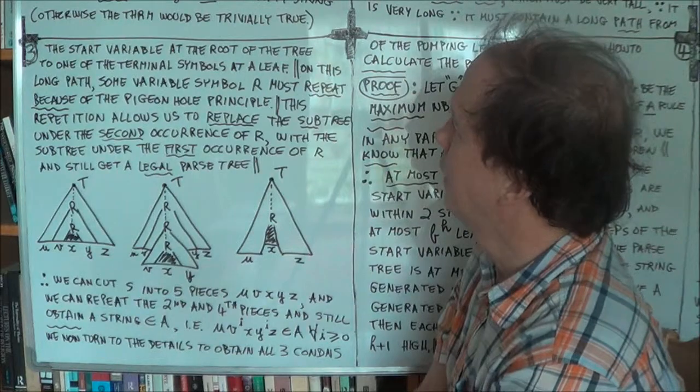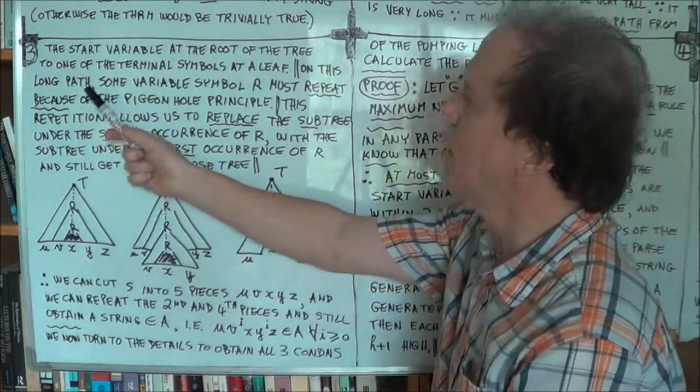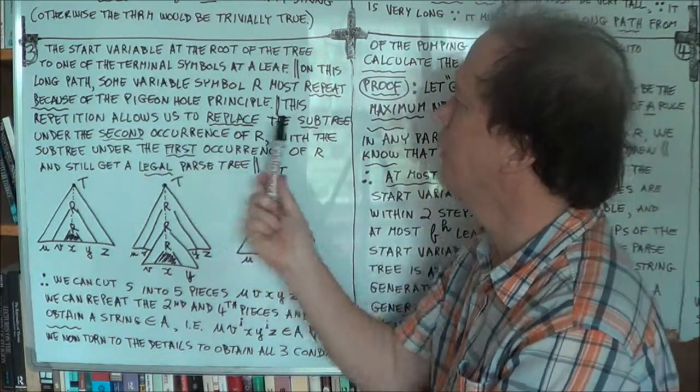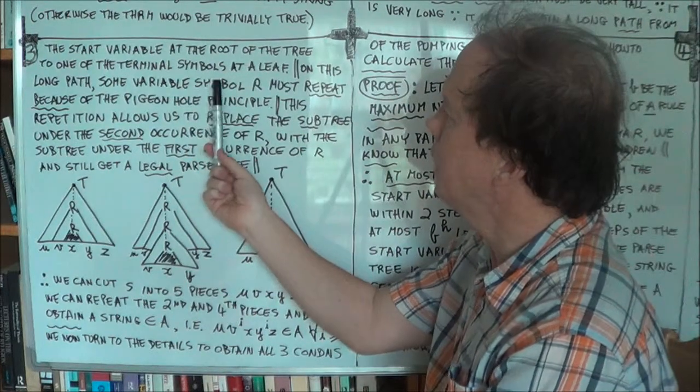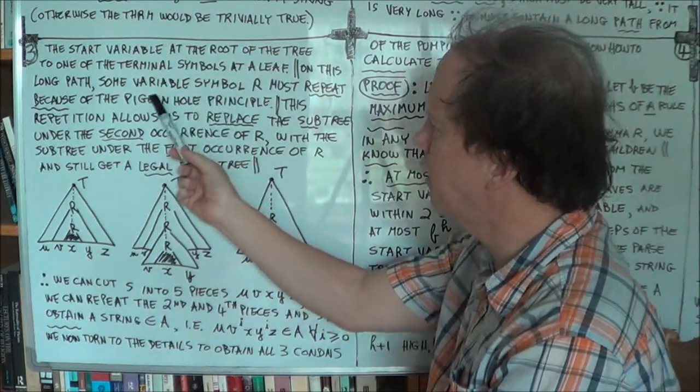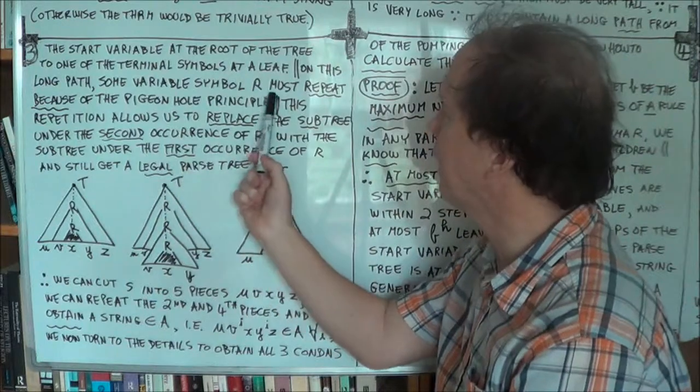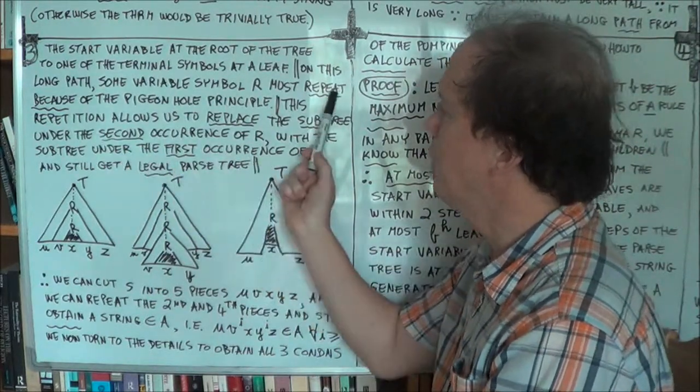Now on this long path, there will be a variable symbol called R that repeats.